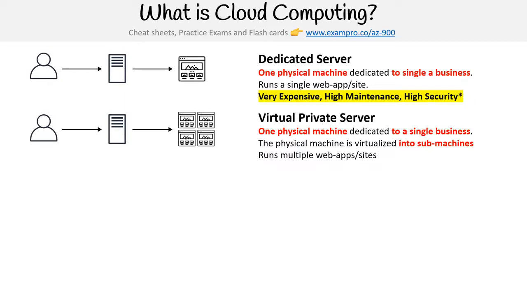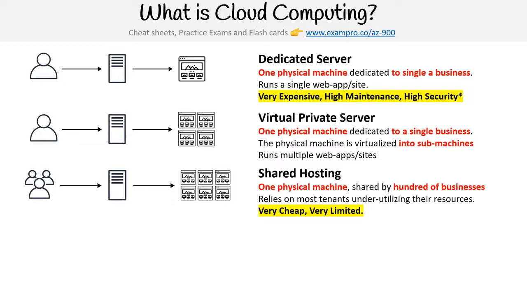We still had one physical machine, and it was still dedicated to a single business, but we figured out how to take that physical machine and virtualize it into sub-machines. Now we could better utilize that physical server by running multiple apps. We didn't have to buy 4 different servers for 4 different apps. We could easily run 4 web apps in 4 virtual sub-machines.